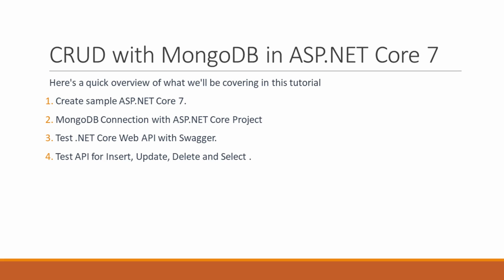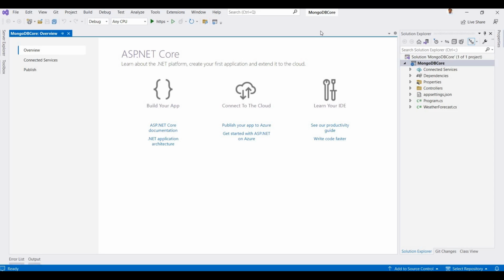So let's start. I open my Visual Studio, and here I already created one sample ASP.NET Core Web API project. Here we will perform CRUD operations.